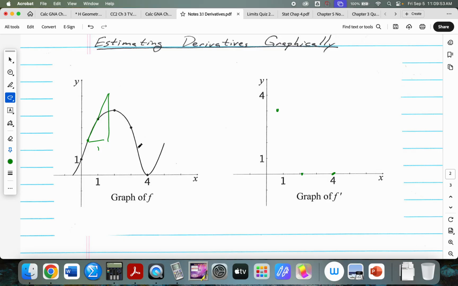And then over here, it's steepest, I don't know, somewhere right in here. And that's going to be my low point. That looks like it's about in here, and I'm going to put it down here, and I'm just going to go, okay, it's less steep, it's getting more steep, it looks something like this.